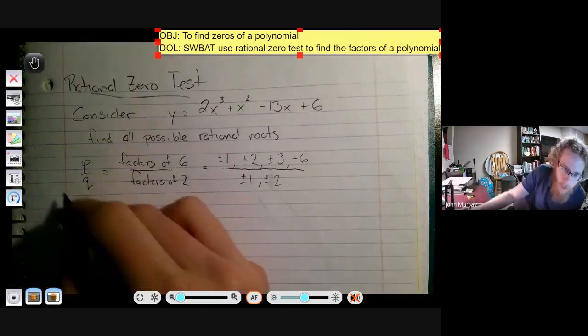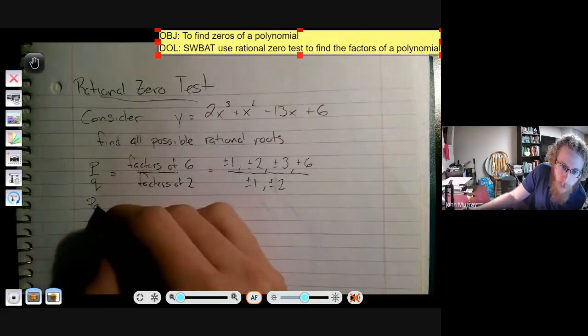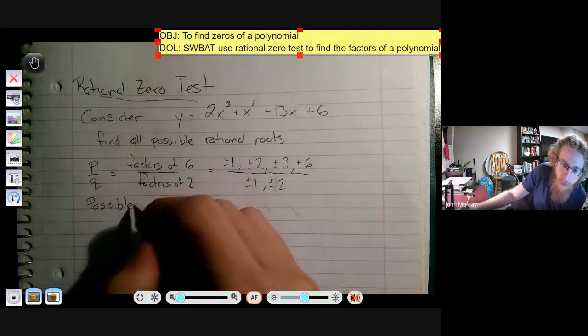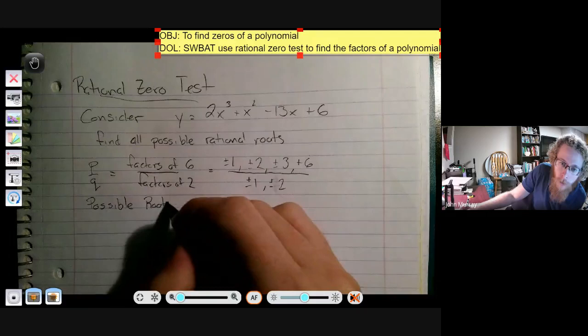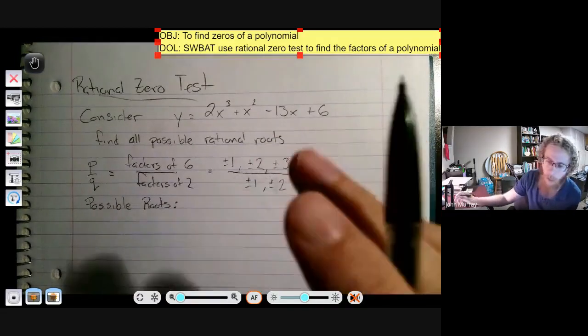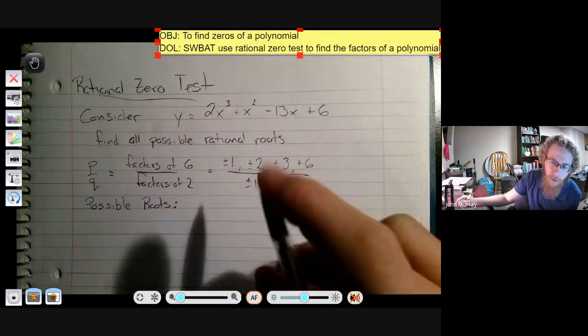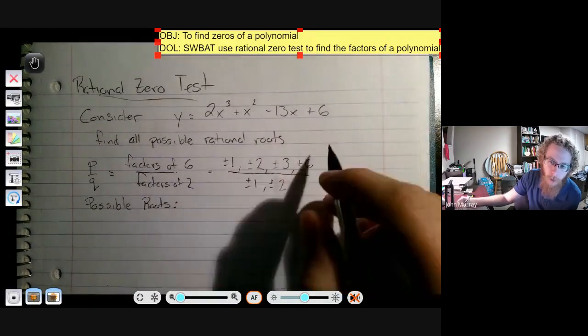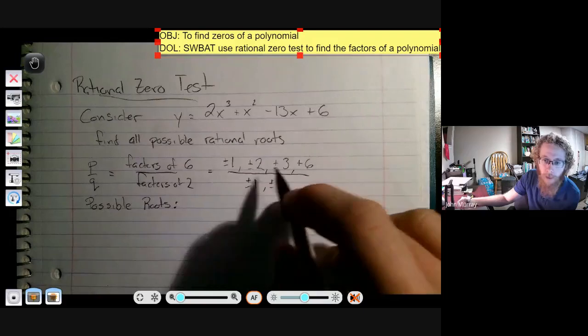So this is how we're going to find the possible roots. You're going to pair every numerator value with every denominator value. The way I like to do it is I like to stick with one denominator and then go through all the numerators and then move on.